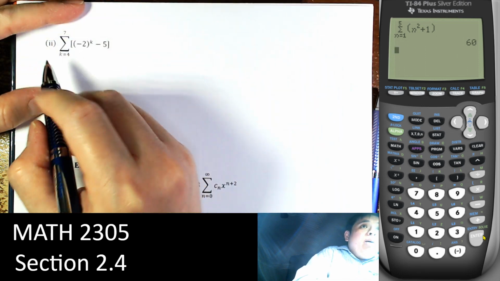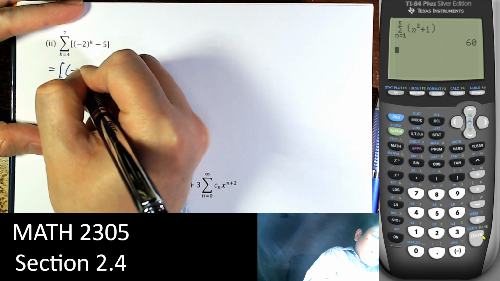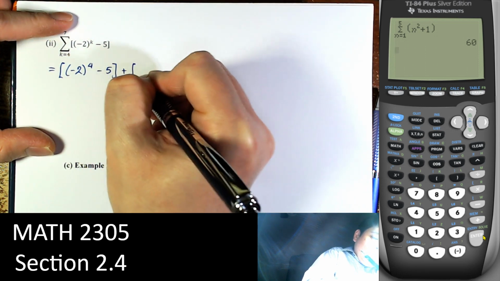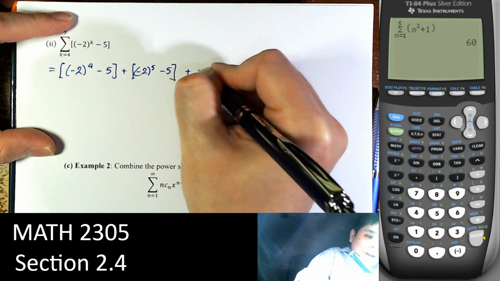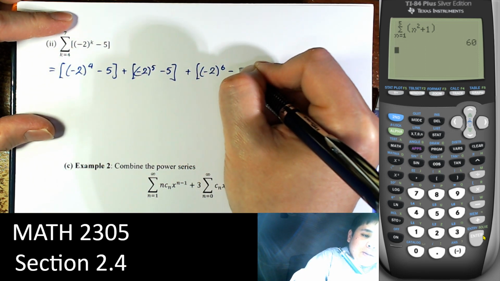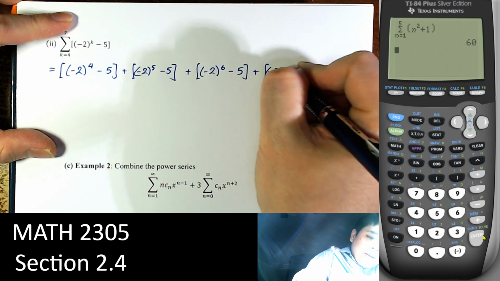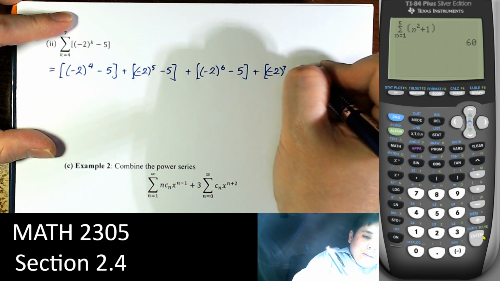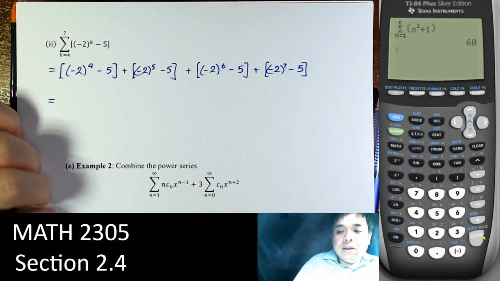Of course, now we just substitute 4 in for k. Start from the lower limit. So I have that.